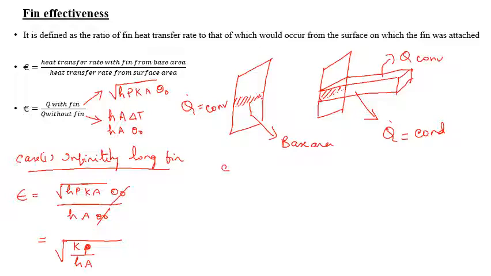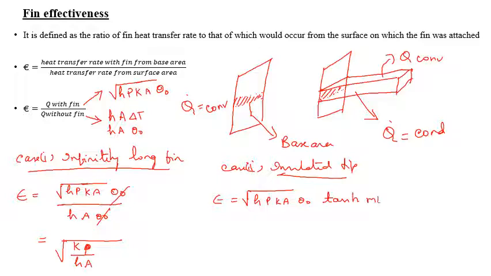If I have case 2, an insulated tip, then how can the effectiveness be given? Effectiveness can be given by the same expression, square root of hPkA theta naught, only thing is tanh(ml), divided by hA theta naught.